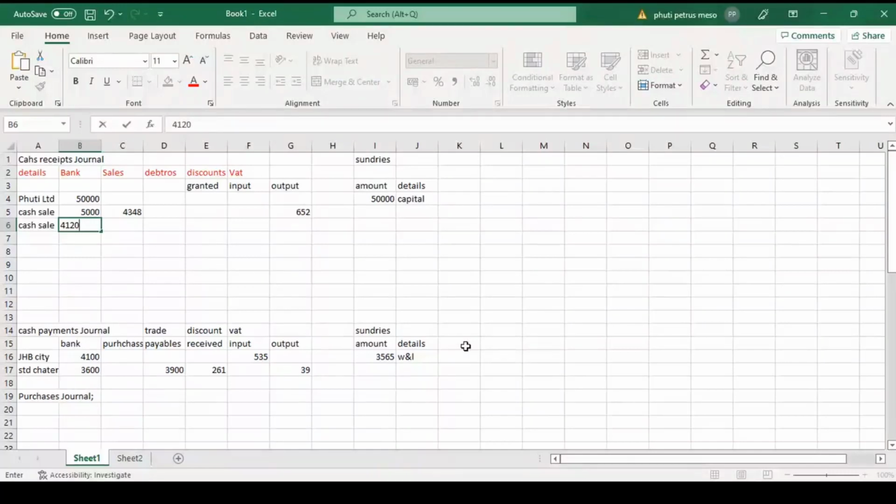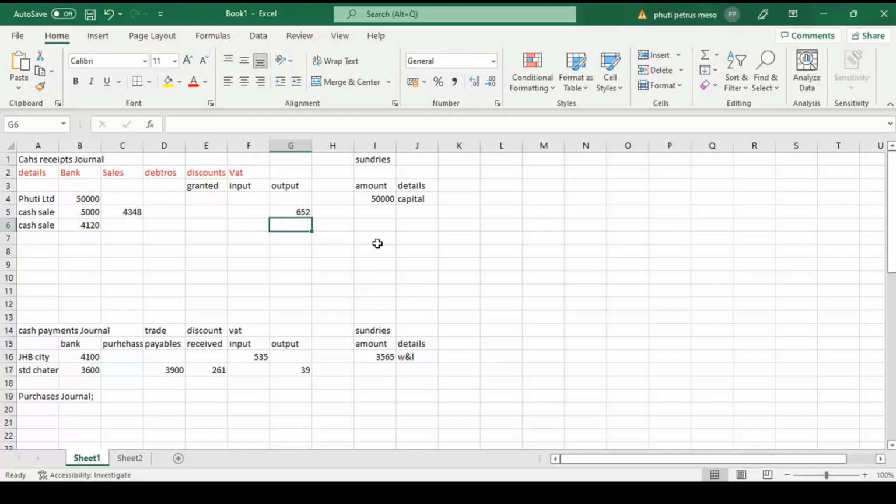Okay, let's see, 4120 multiplied by 15 divided by 115. Then our VAT output will be 537. Oh, sorry, it's 537 only. My apologies. 4120 minus 537 is 3583. That will fall under our sales.